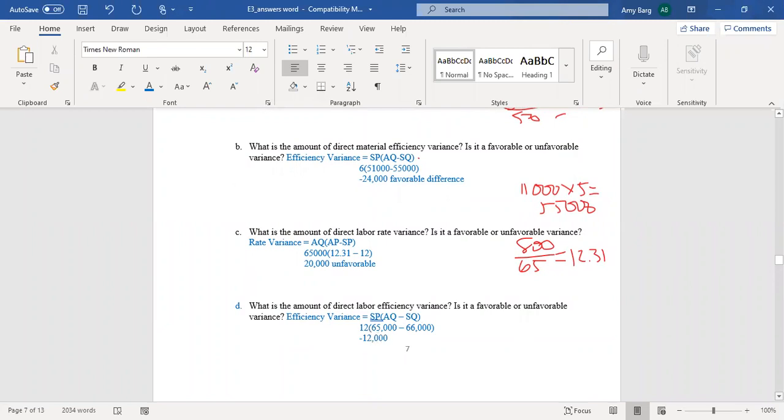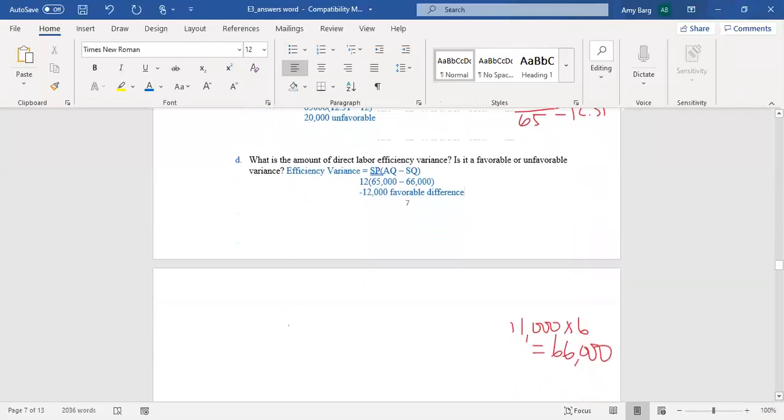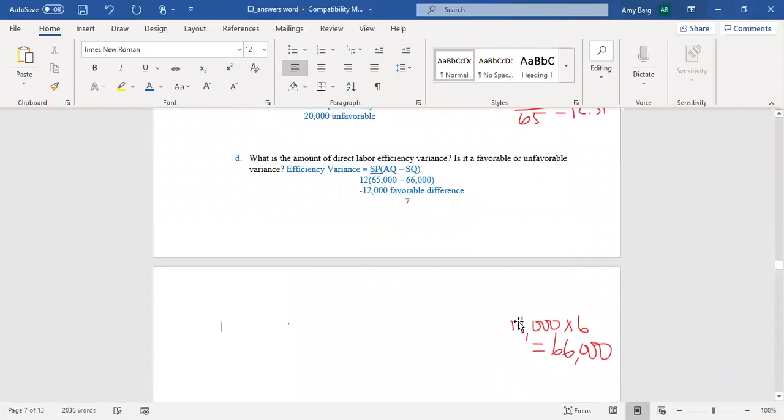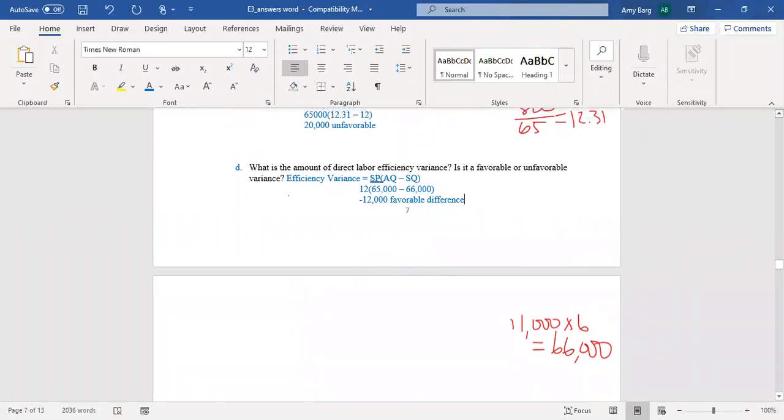And since it's negative, that's a favorable difference, right? We actually used 1,000 hours less than we were supposed to. You get the 66,000 when you multiply the 11,000 times 6, because it was 6 hours per unit and we actually produced 11,000 units.